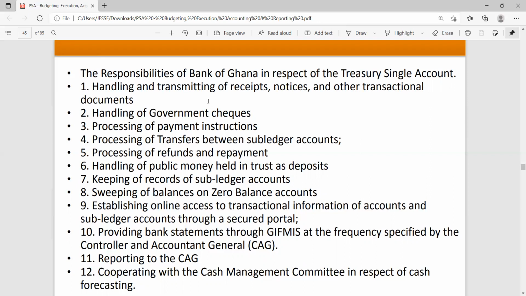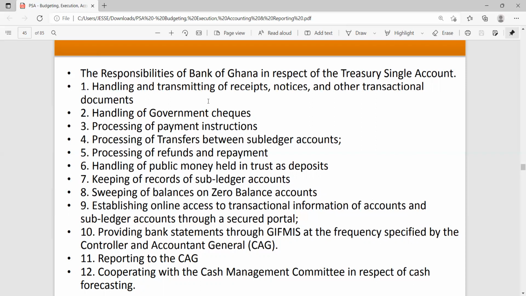Number 9, the Bank of Ghana will be responsible for establishing online access to transactional information of accounts through a secured portal, right? These days, everything is online. So the Bank of Ghana will ensure that it establishes access through a secured portal to the transactional information.